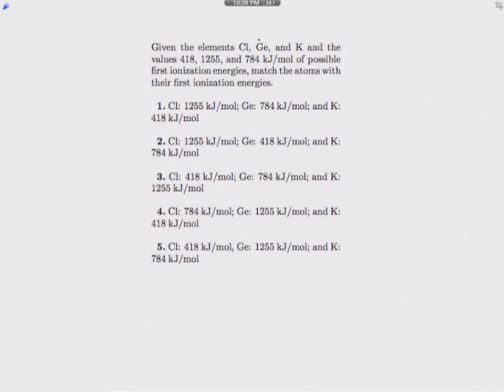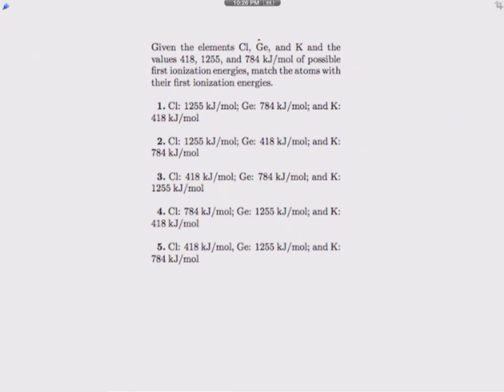Okay, given a group of elements and a list of their ionization energies, basically we're ranking these elements in terms of their ionization energy, from largest to smallest, or actually just match them up.